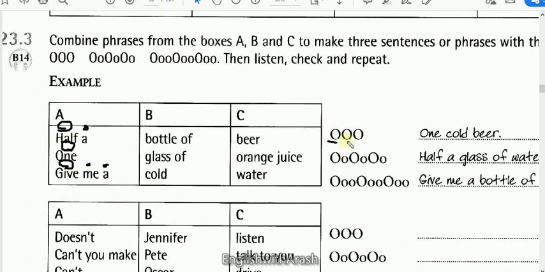Okay, better. For example, I say 1 cold beer. Look at here. 1 cold beer. So I'm picking which ones. Look at this. 1 cold beer. So it's 3 circles, just 3 circles.